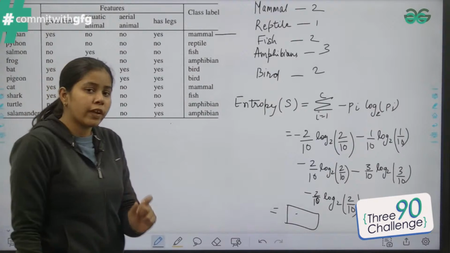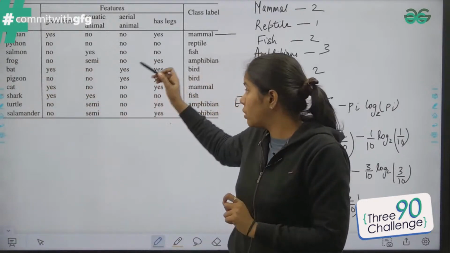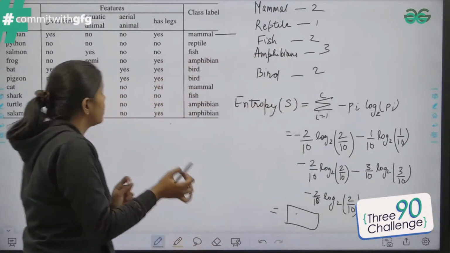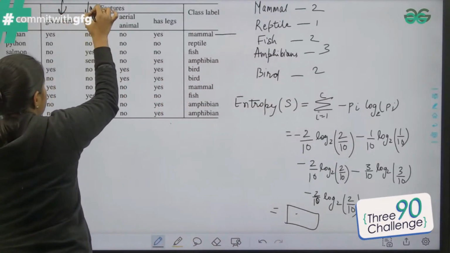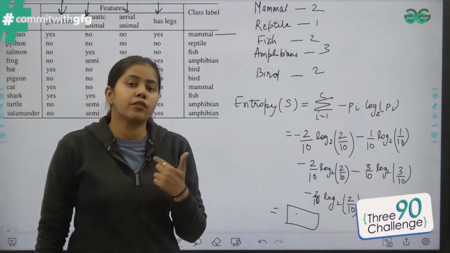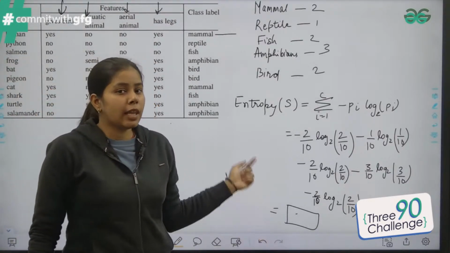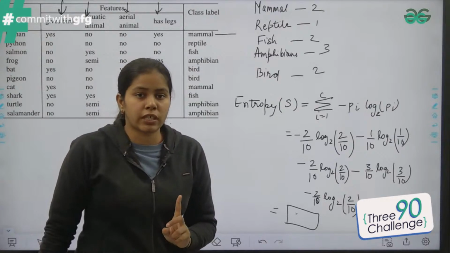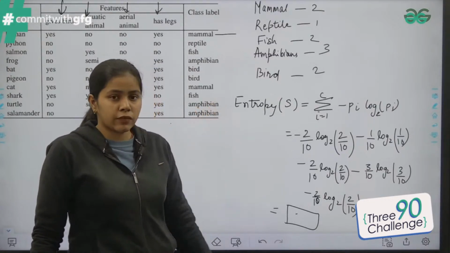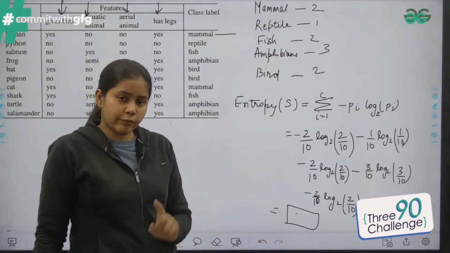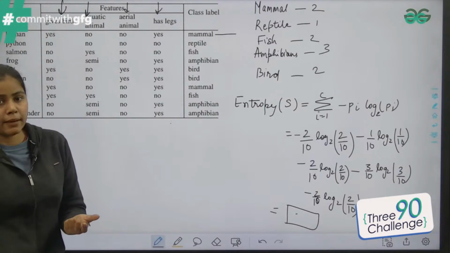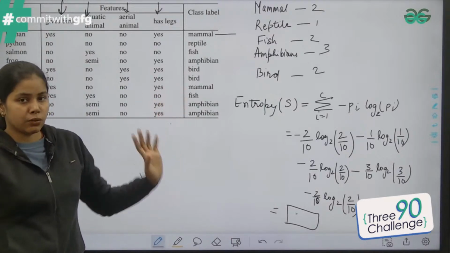But I just want to find out which feature I have to divide with. So for every feature, for all those 4 features, I have to find out entropy again, and with the help of that I'll find out information gain. The more the information gain, the more important the feature would be. For that particular feature we'll get the maximum information gain, and we'll split using that feature.